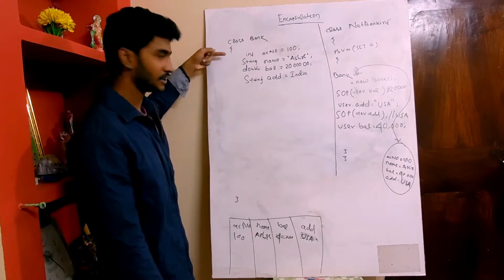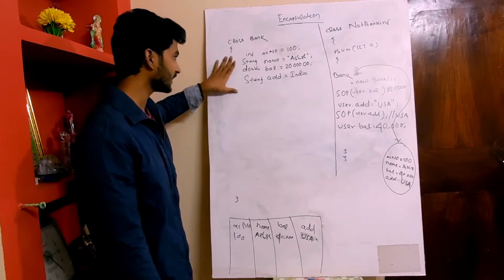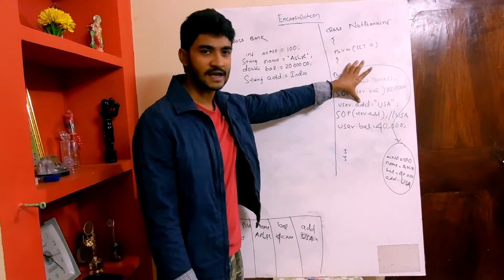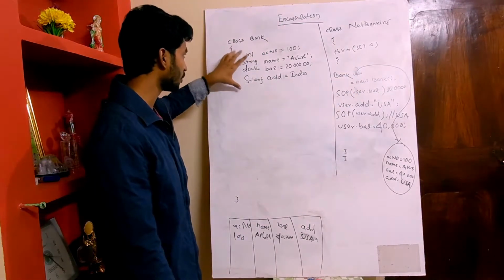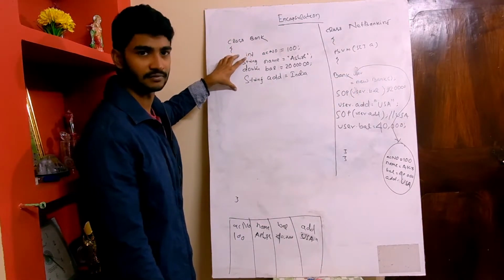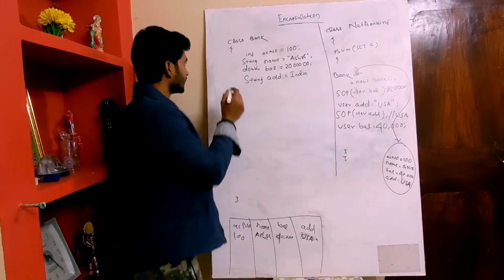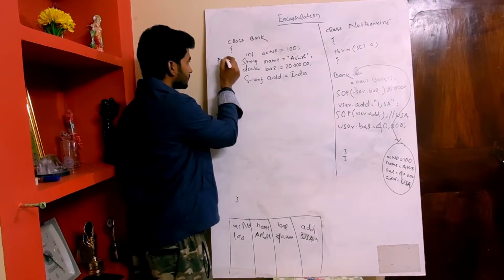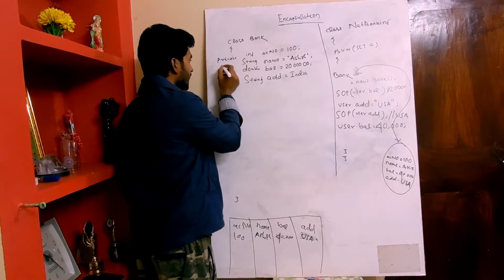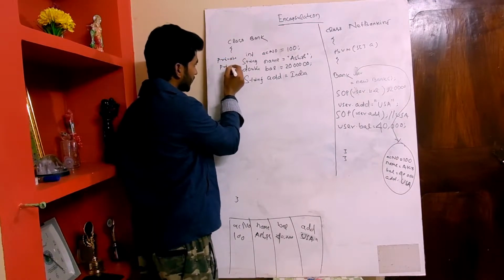Don't make them public, don't make them default. If you do, a guy from a different class can access the properties of your class at any time. If you want to protect them, just make all these non-static variables private.